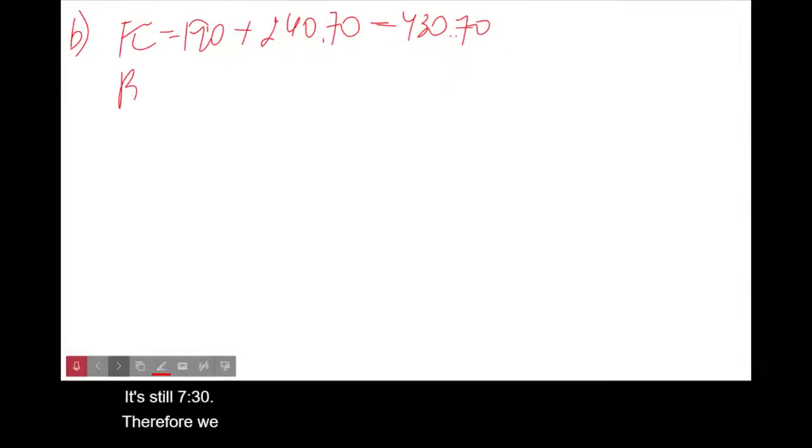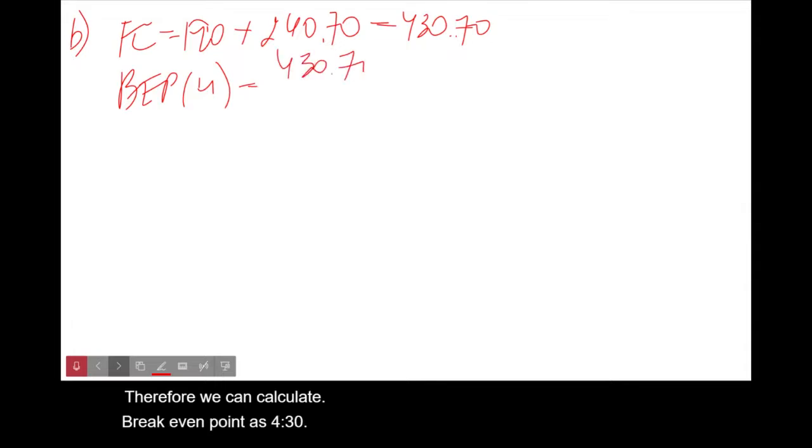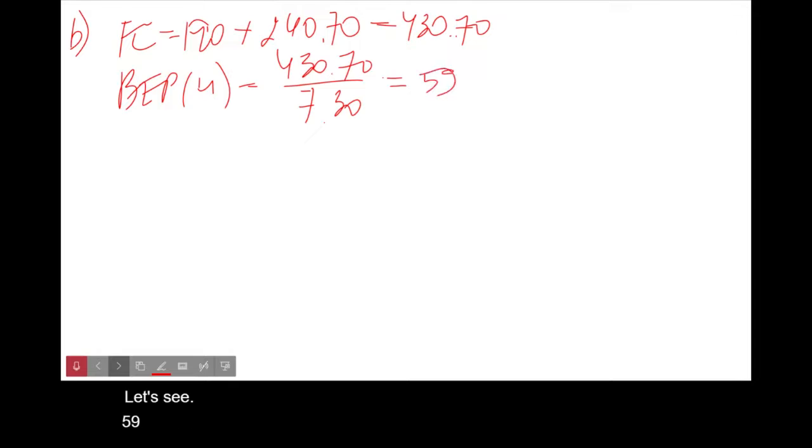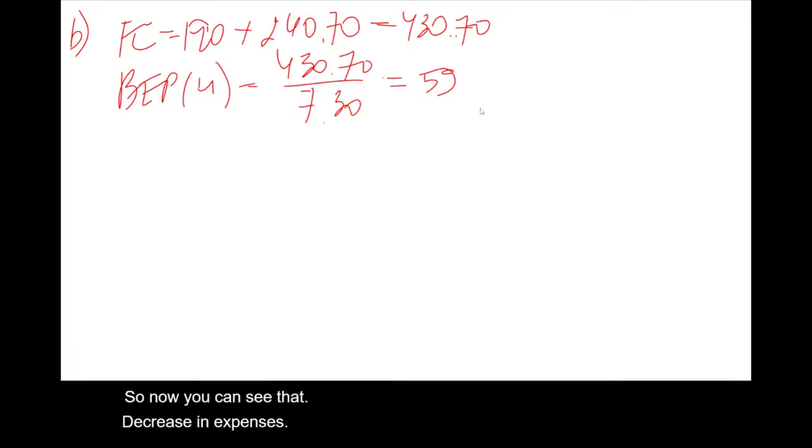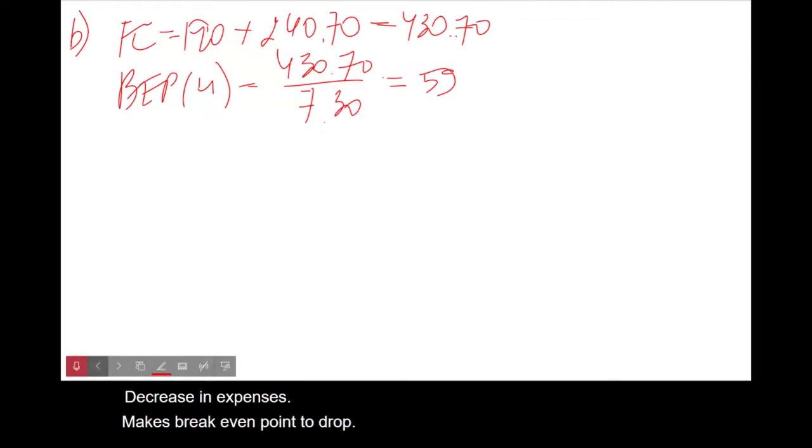Therefore, we can calculate break-even point as 430.70 over 7.30. Let's see. 59. So now you can see that decrease in expenses makes break-even point drop. Basically, you faster start making money.